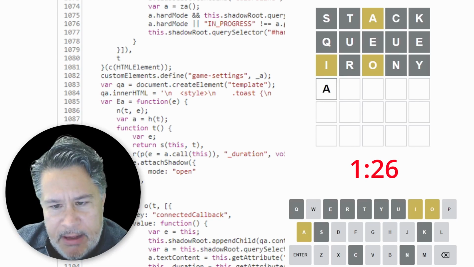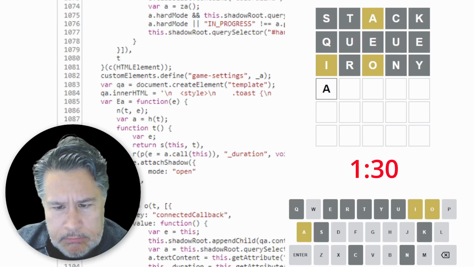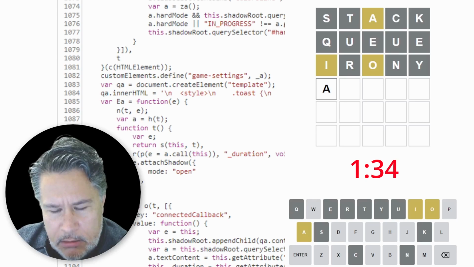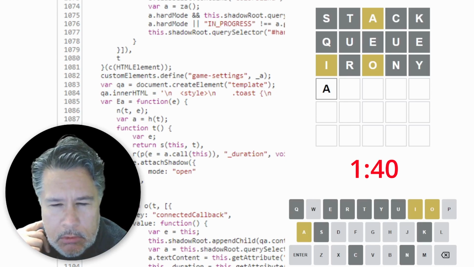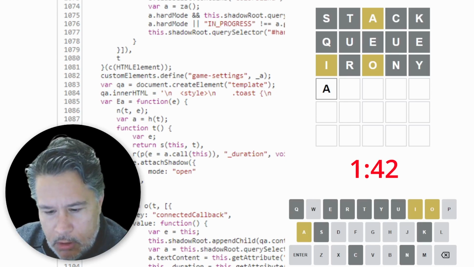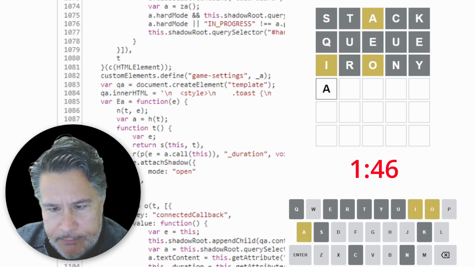I'm first thinking about starting with a vowel. Let's think about the A. What would that be?